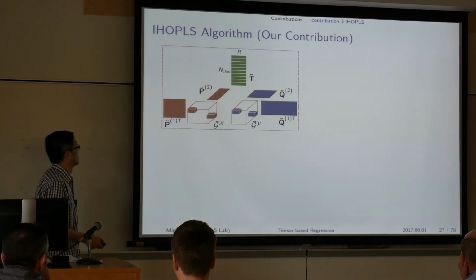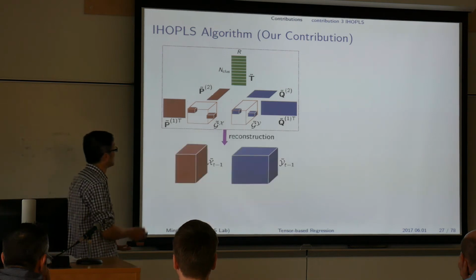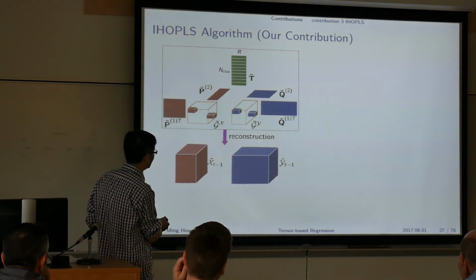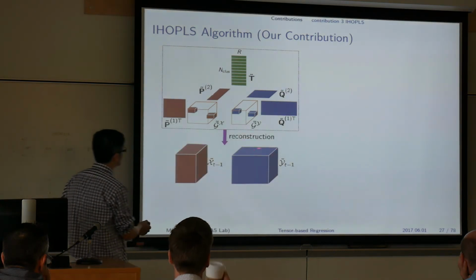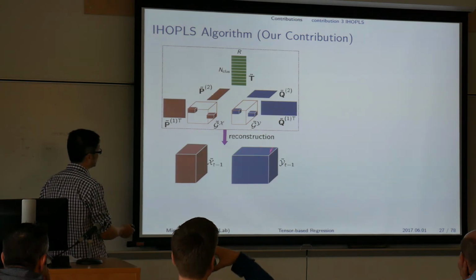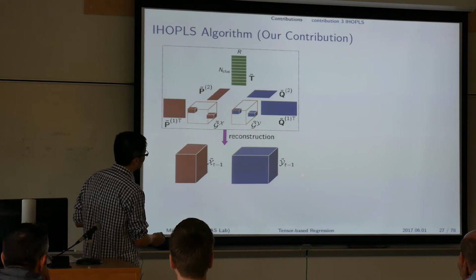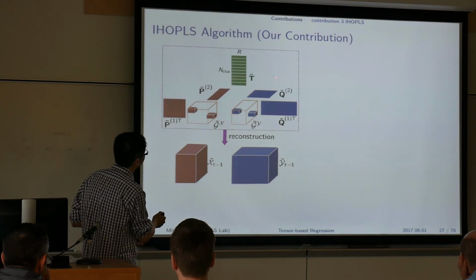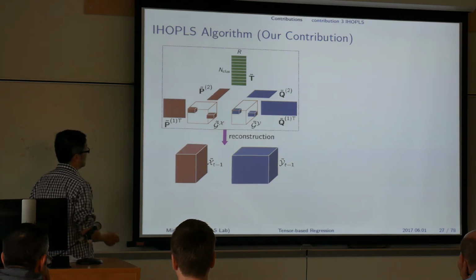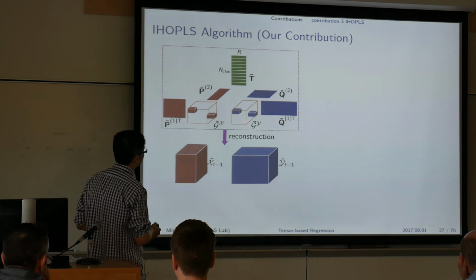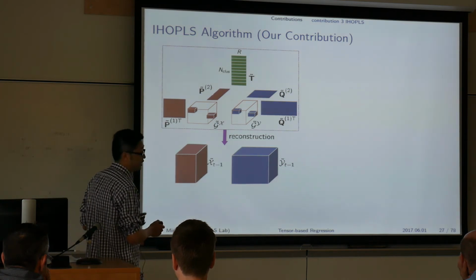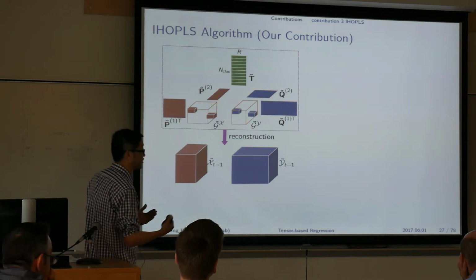Here's our algorithm for IHPRS. We first reconstruct the internal tensor representation x tilde t minus 1, y tilde t minus 1 using a set of old parameters in order to summarize the previous old data and the current modeling state.